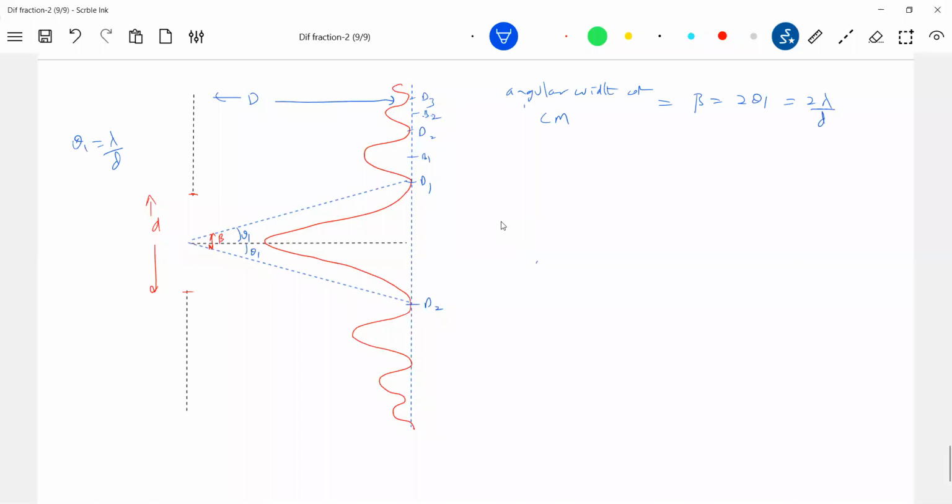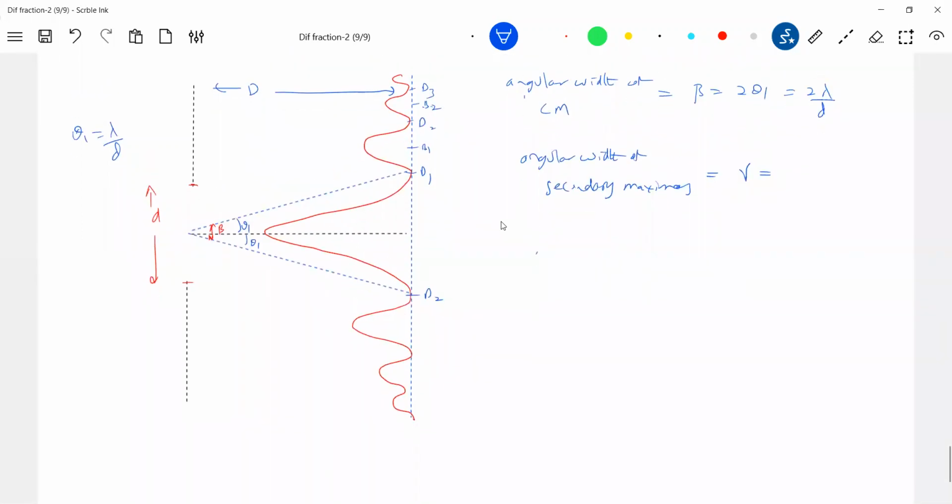What is the angular width of the secondary maxima? You can call it symbol gamma. Books use some other symbols. The angular width of the secondary maxima means B1, B2, that we have to take.